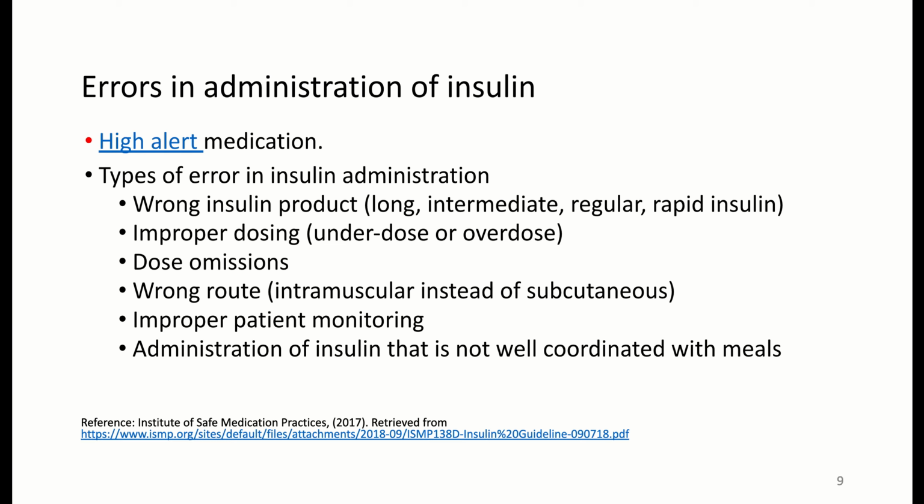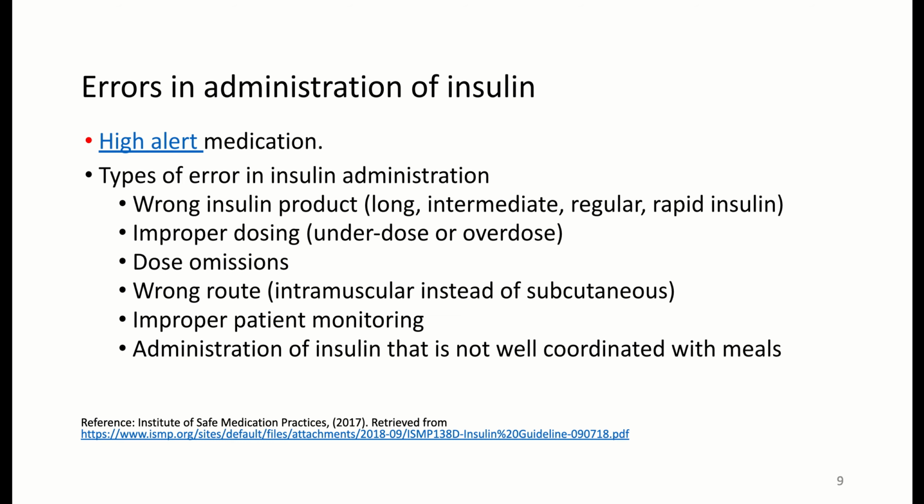Remember that insulin is a high alert medication. Medications that are associated with the highest risk of injury when used in error are known as high alert medications. Insulin has long been identified as belonging to this group of medications.